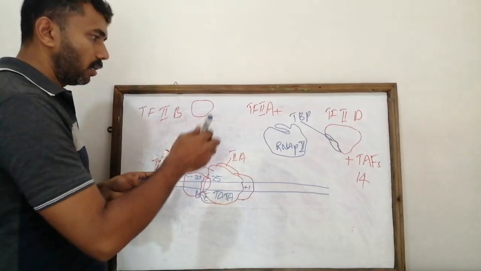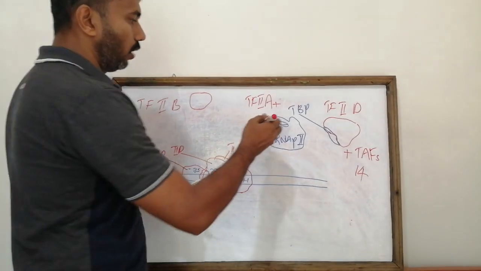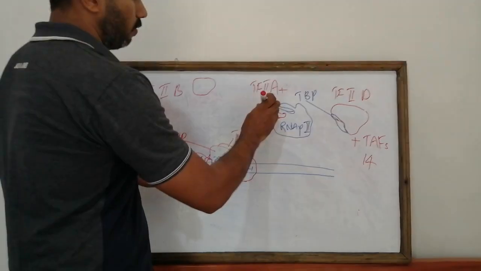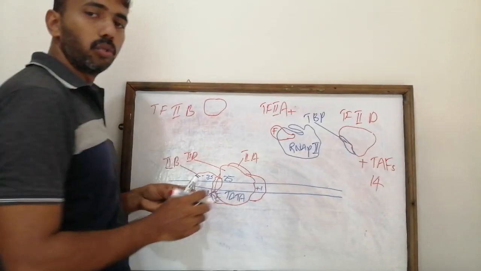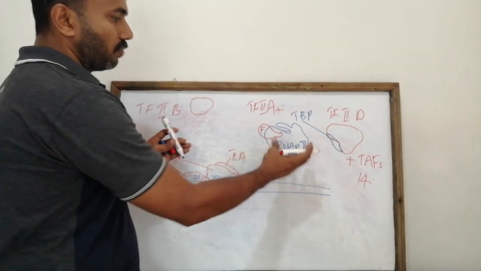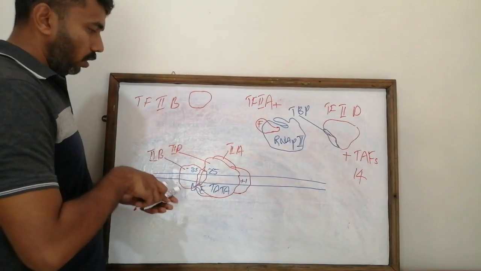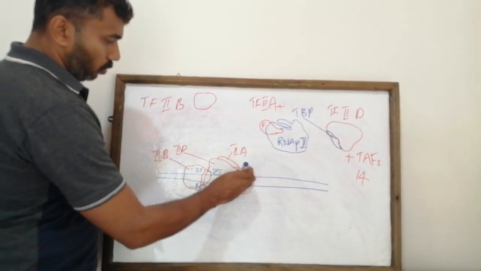For that, this RNA polymerase is complexed with another factor called the transcription factor 2F. So this is a complex of RNA pol 2 and TF2F. This complex is now recruited into this site.